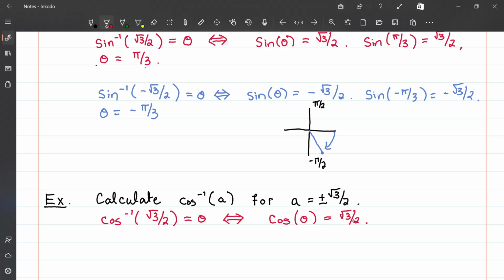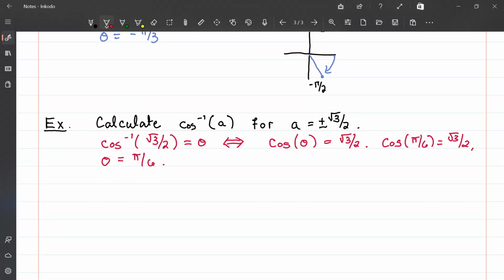Second of all, I happen to know from experience that 30 degrees, which is to say pi over 6, is an angle for which we get root 3 over 2 when we plug it into cosine. And in fact, it is the only angle in the upper half of the circle that does that. So it must follow that theta is equal to pi over 6, 30 degrees.